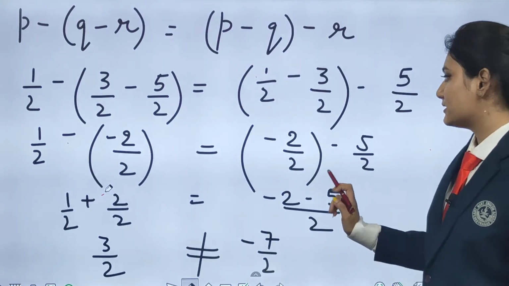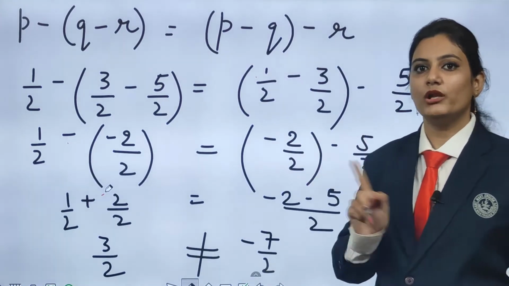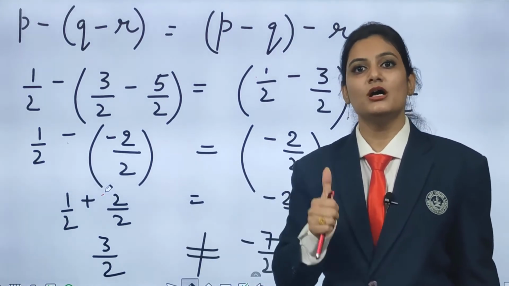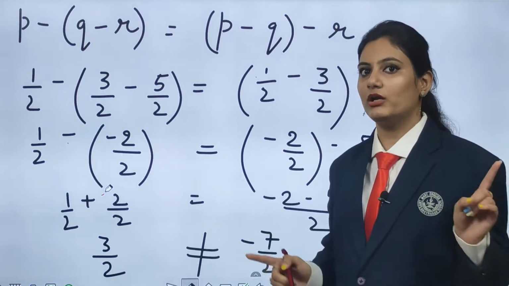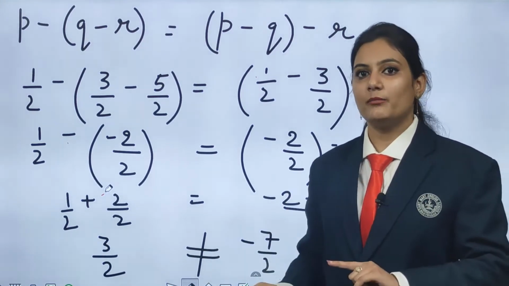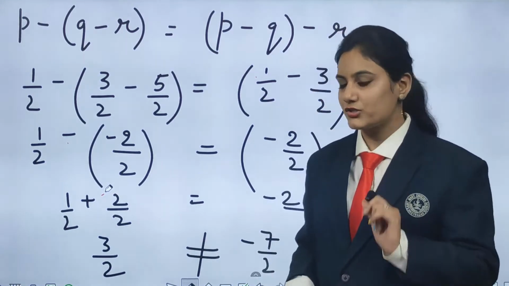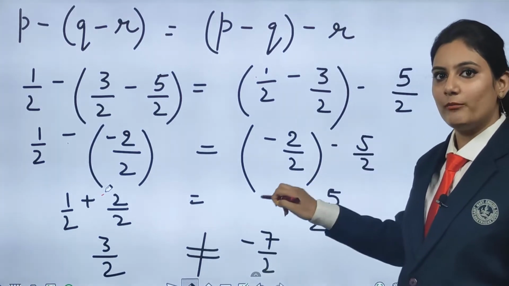On the right hand side, see minus 2 minus 5. Here sign will not change, as outside the bracket there is no sign. No sign means there is the sign of plus only. Okay. So, sign inside the bracket will not change. Sign inside the bracket only changes when there is a subtraction sign outside. Okay, children, remember this. Now, minus 2 as it is, minus 5, denominator is same.